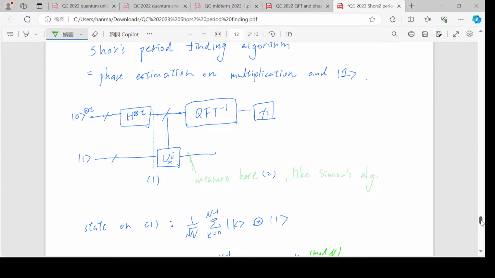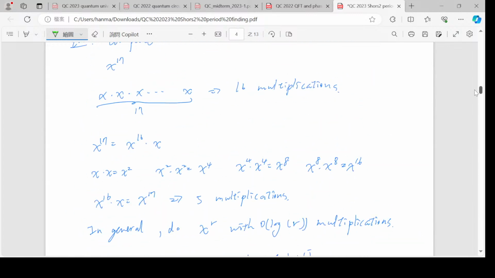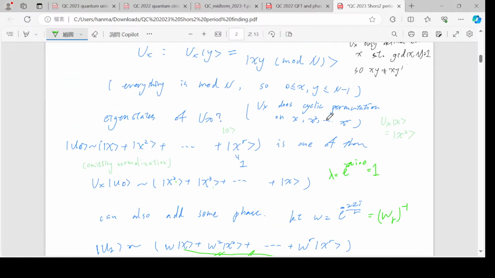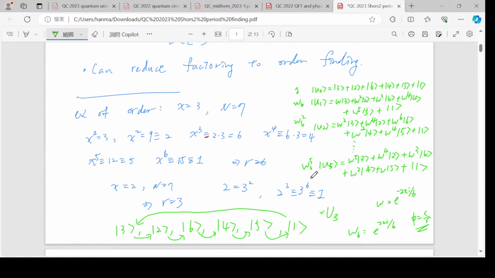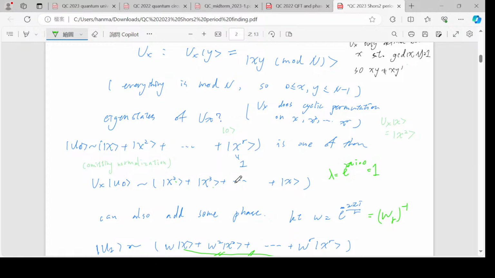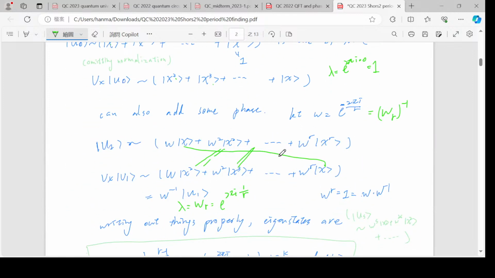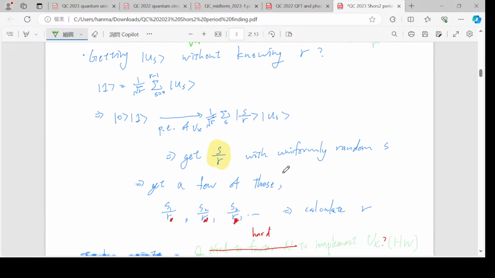In order finding, when we analyze the phase estimation, we measure the second register in the eigenbasis. We decompose it into different eigenstates and say what each eigenstate will do.